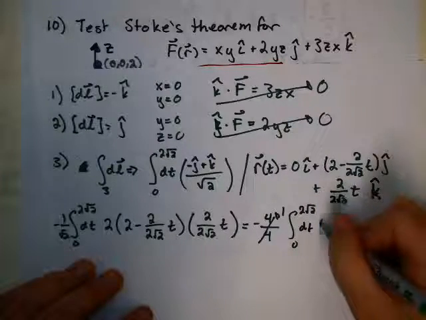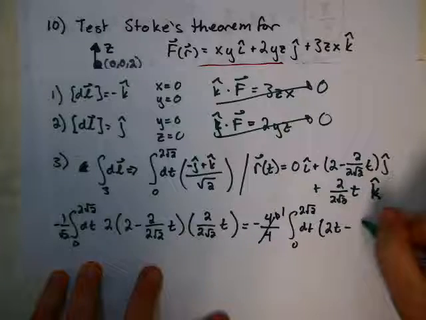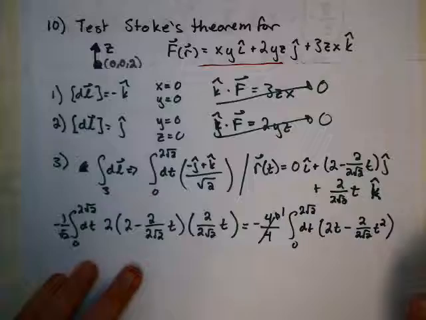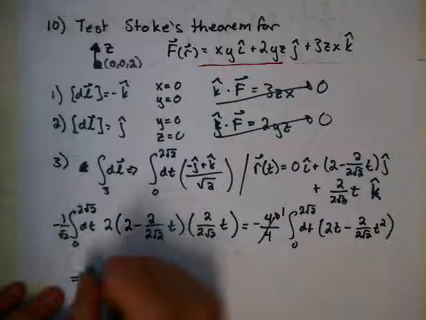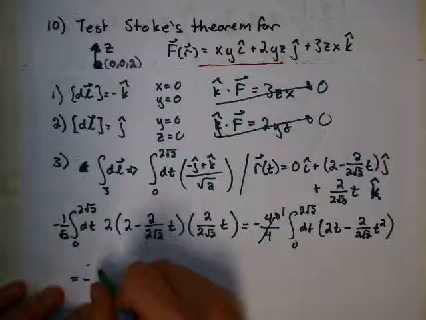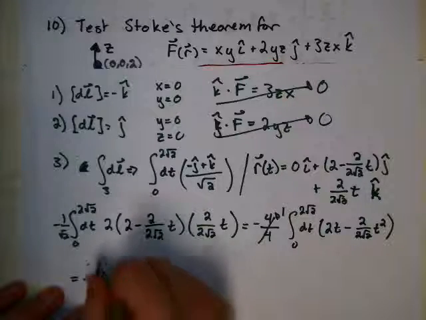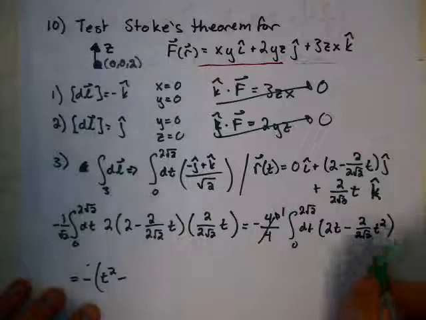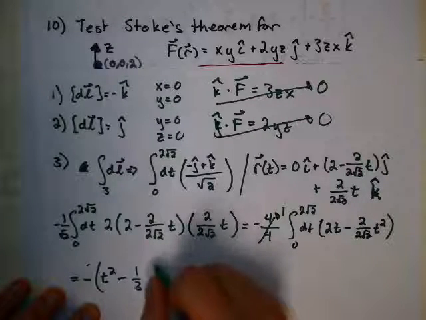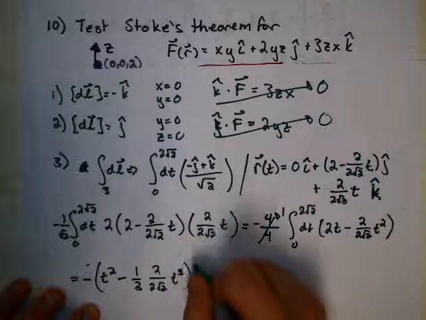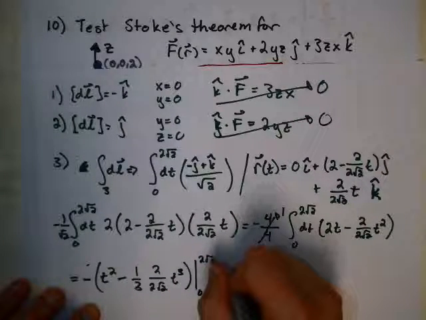And now the t can go through, so this will be 2t minus 2 over 2√2 t squared. Evaluating this integral is going to give me minus, I still have the minus sign, and then the 2t is simply going to be t squared, and then minus the t squared is going to give me 1/3 times 2 over 2√2 t cubed. And this is evaluated at 0 and 2√2.